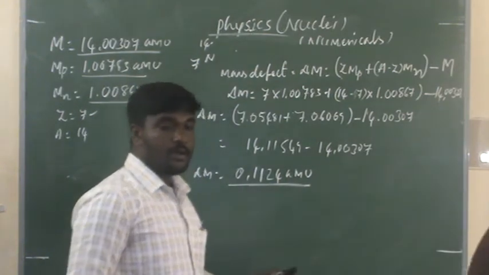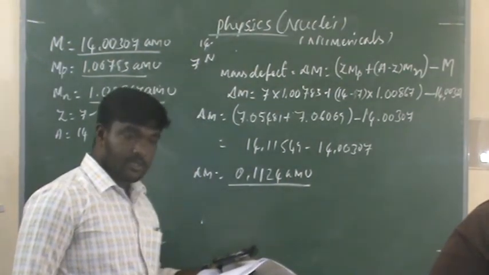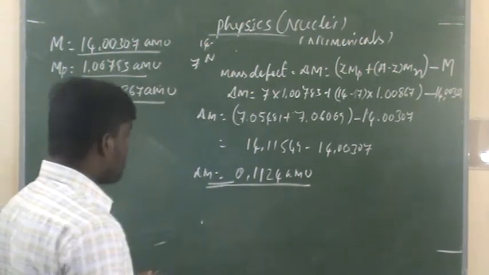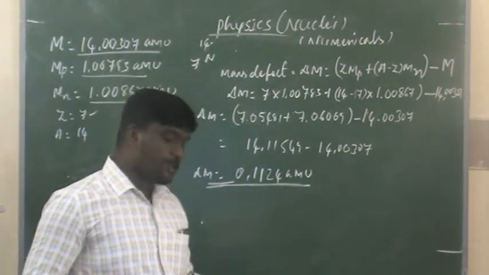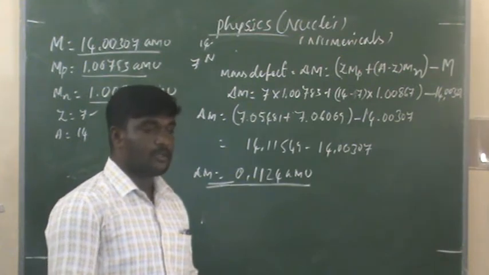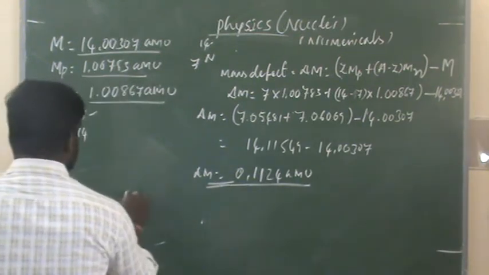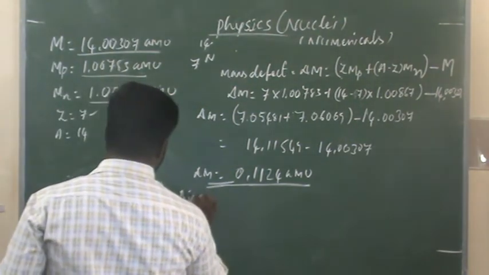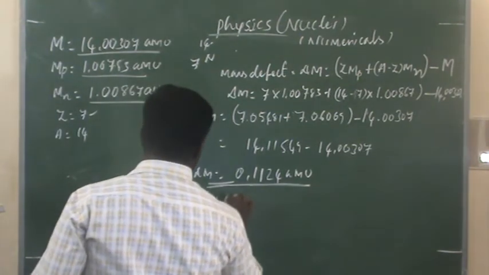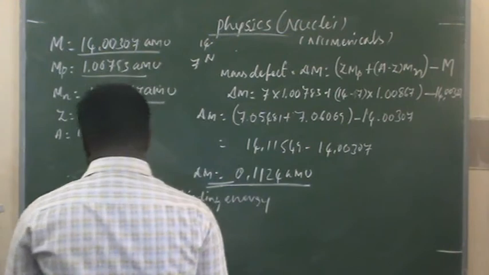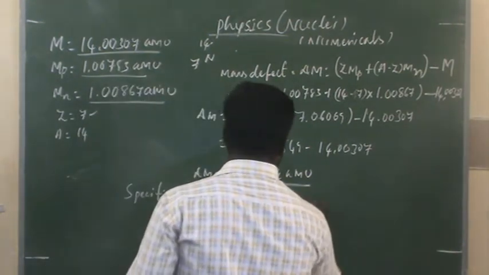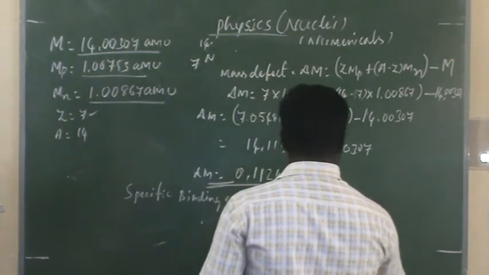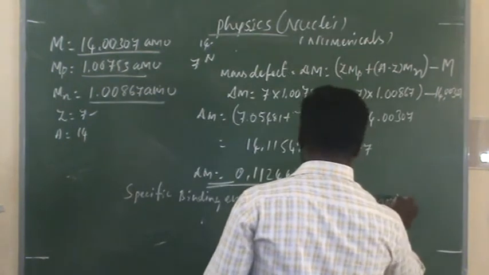Just one minute, some technical issue. Here, this is the mass defect of the nitrogen. So next, what do we have to find out? The specific binding energy of nitrogen. Binding energy EB equals mass defect into 931 mega electron volt.